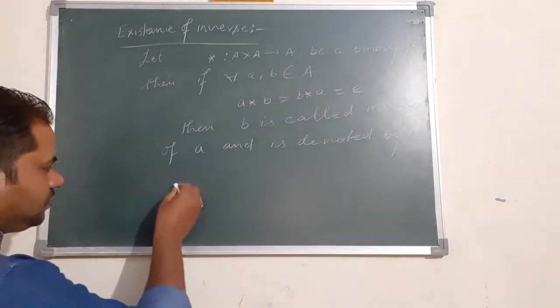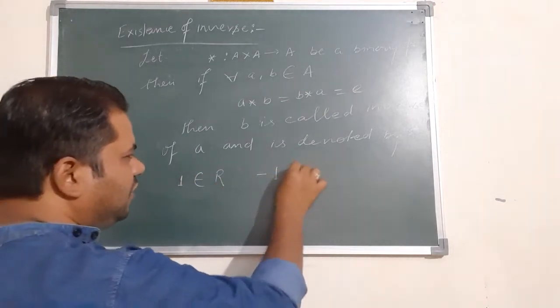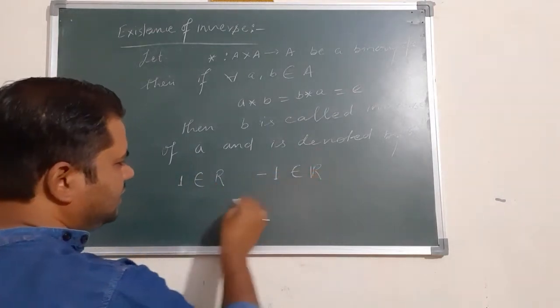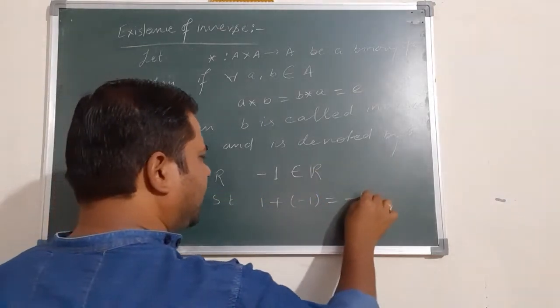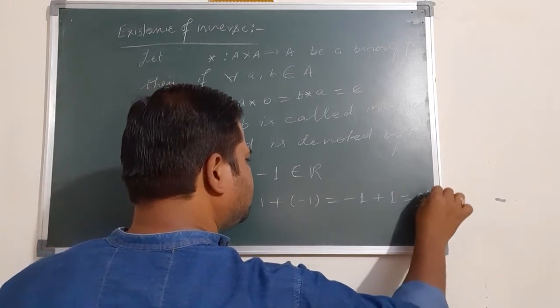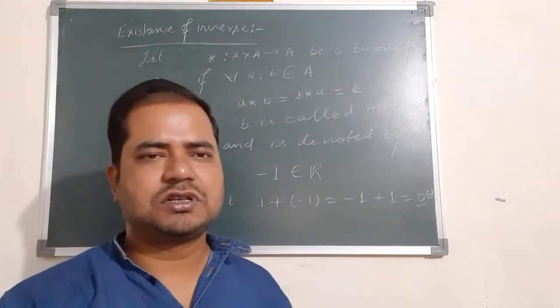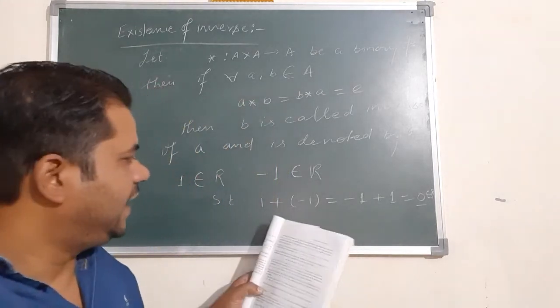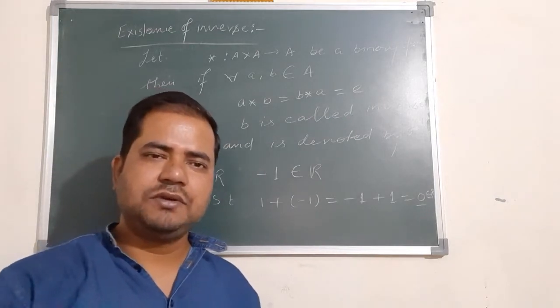Suppose 1 belongs to real numbers, then minus 1 also belongs to real numbers, such that 1 plus minus 1, or minus 1 plus 1, is 0, and 0 belongs to real numbers. That means minus 1 is the additive inverse of 1.